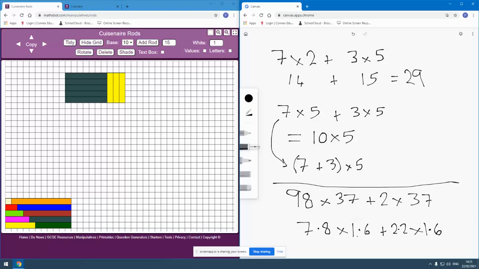We want to be recognizing a constant unit of 1.6 and saying, well, this is 7.8 of those, add another 2.2 of those, that's 10 of those, that's 16. And I definitely do not want to be carrying out the multiplication there, in the same way as this is just 3,700. And I definitely don't want to be carrying out the two separate multiplications there before I add.